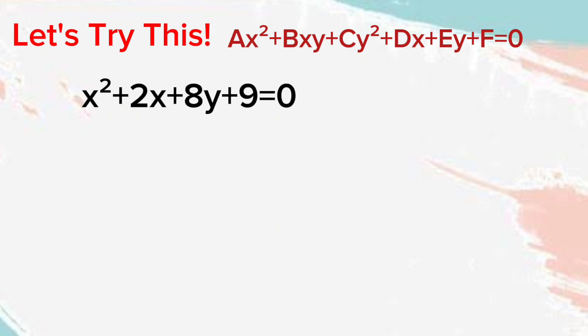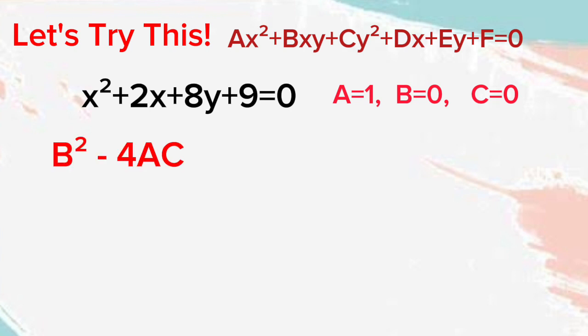Okay, so how about this example? We have x squared plus 2x plus 8y plus 9 is equal to 0. First, we need to find its a, b, and c. So we have a is equal to 1, b is equal to 0, and c is equal to 0. Since it's already in standard form, we can simply determine their values.